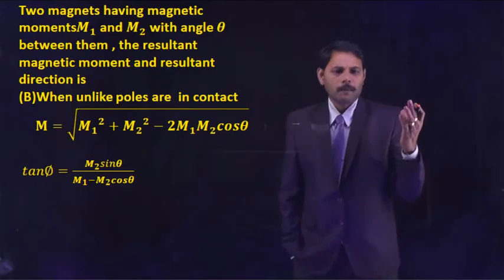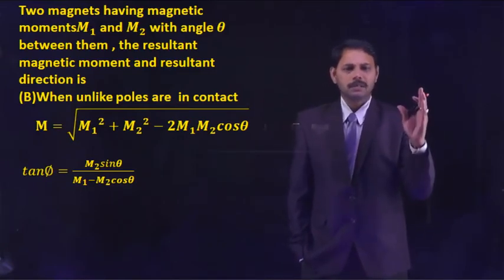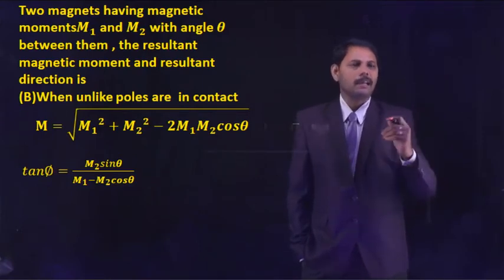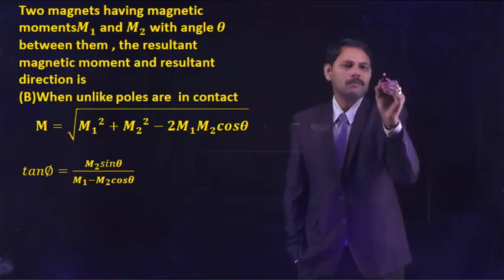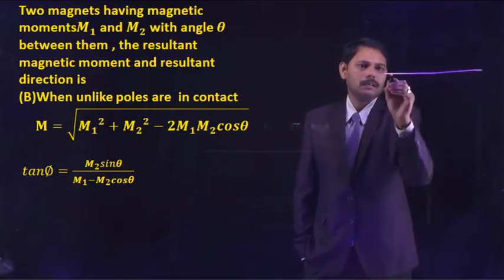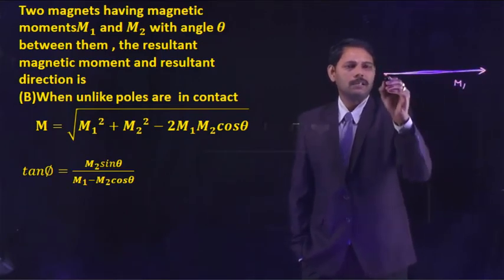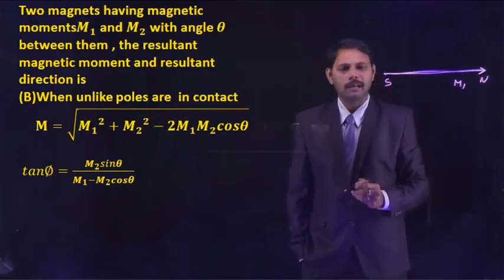Now the resultant magnetic moment when two magnets are placed such that unlike poles touch each other, making an angle theta with each other. As simple as that, let us draw the first magnet of magnetic moment M1 with the south pole here and the north pole here. From south to north we have the magnetic moment.